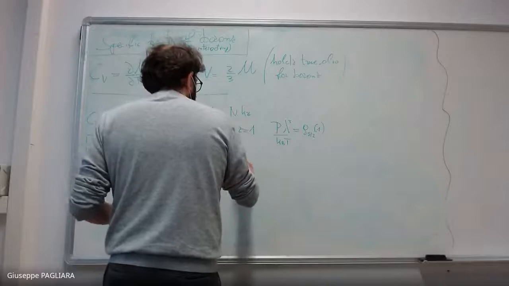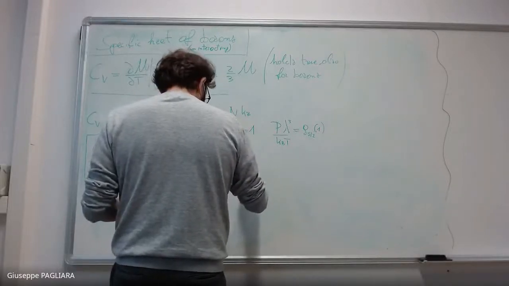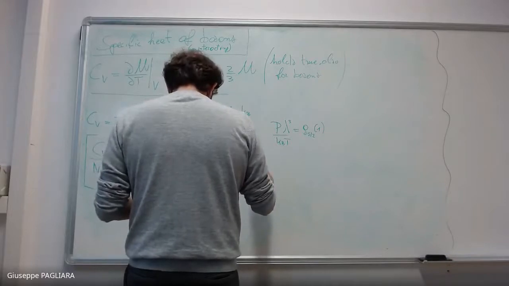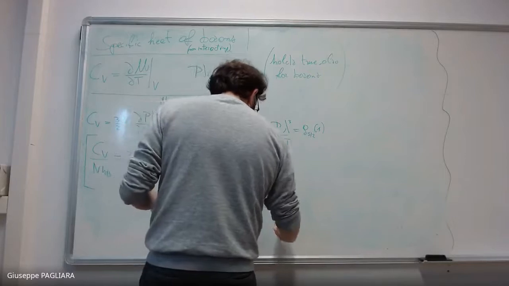So the CV divided by N kB is equal to, now this is for T less than Tc.